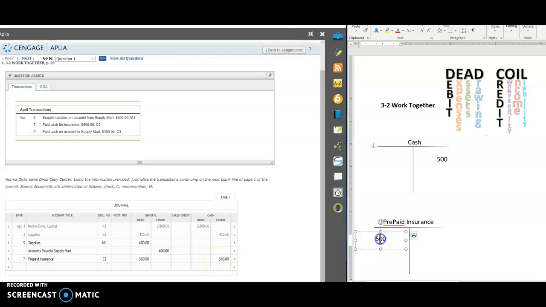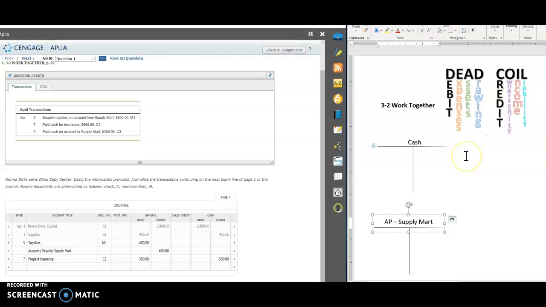All right, the last transaction is paid cash on account. So I'm going to leave my cash here to Supply Mart. Okay, so we owed Supply Mart money, so that means it is accounts payable, AP, Supply Mart. All right, so when we pay cash, cash is going down.